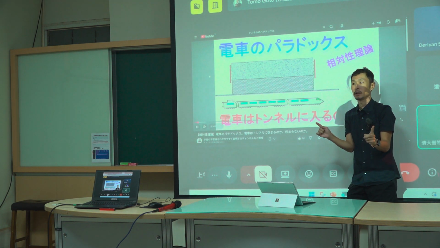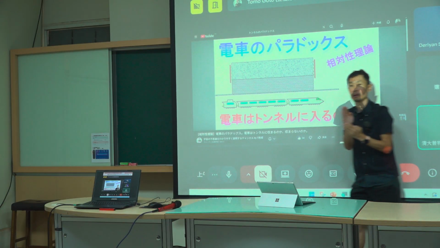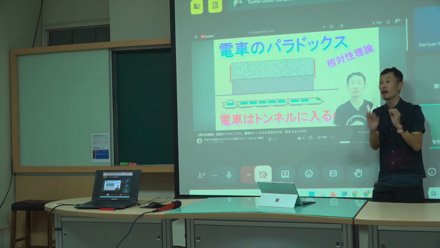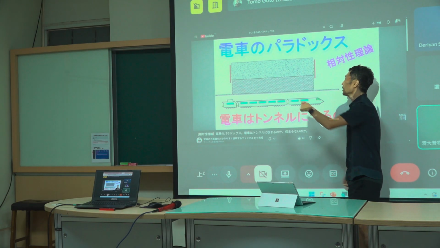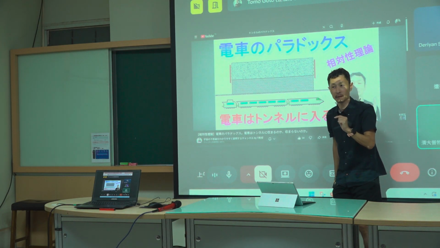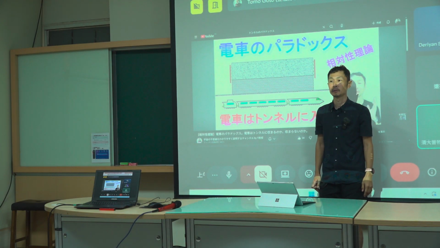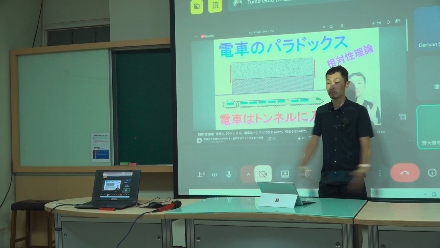So it looks like it's going to fit in the tunnel. But if you are riding on the train, your train is not moving very fast, because the train is stopping, right?